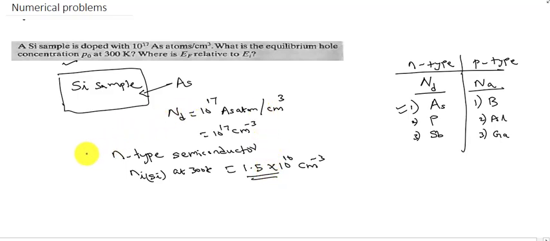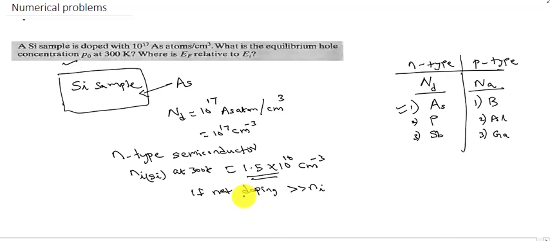Next we have to check the net doping. Here the net doping will be ND, since Na is not added. Otherwise, we have to calculate the net doping as ND minus Na or Na minus ND, whichever is greater. If the net doping value is very much greater than the intrinsic carrier concentration Ni, which is the condition we have to check, then we can calculate the majority carrier concentration.